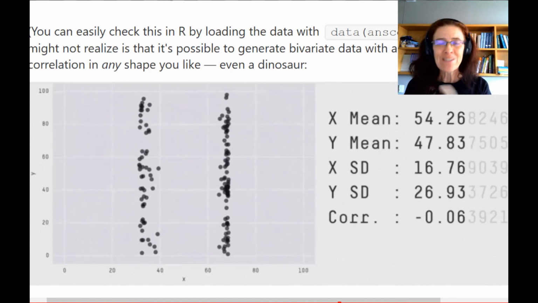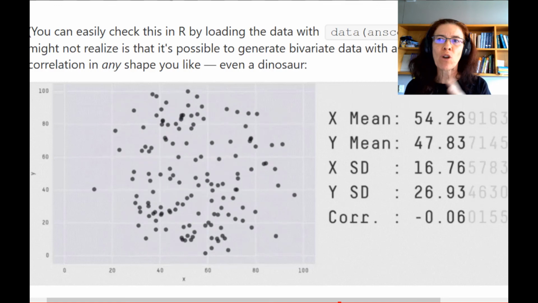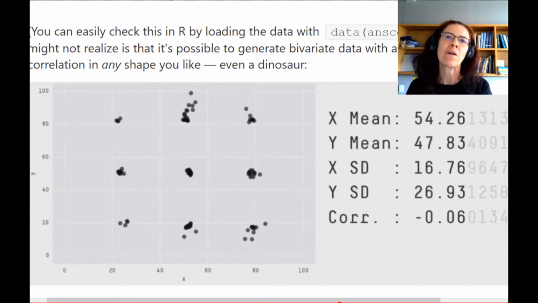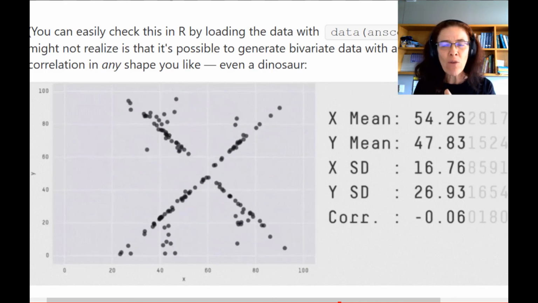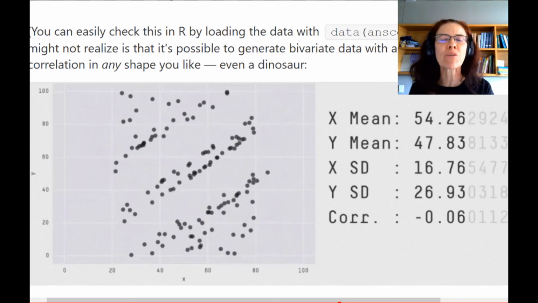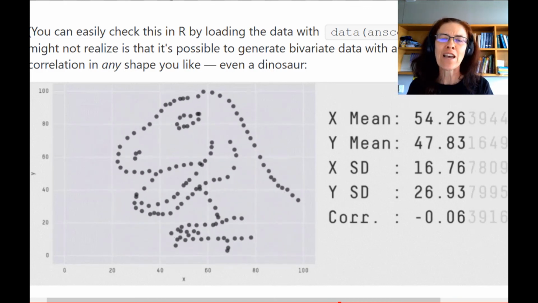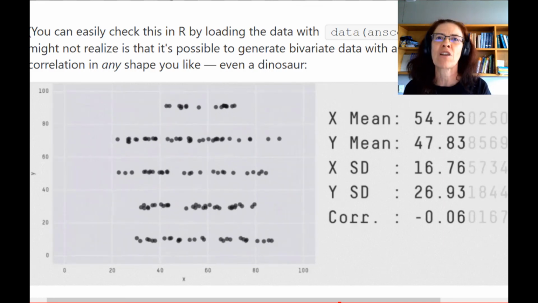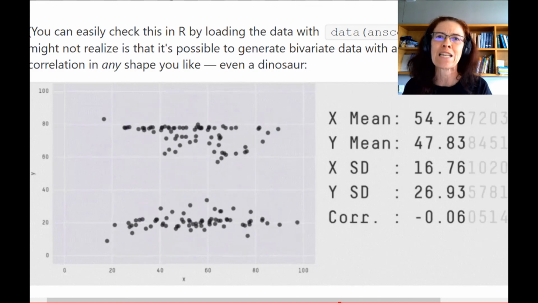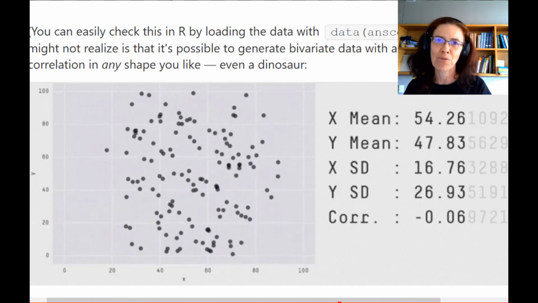These numbers are almost exactly the same for all these scatter plots. The common digits have been written in black. But look at the gray ones. There are small variations, but extremely small. So after that, you should be totally convinced that just looking at the numbers is not enough. You can have very different looking scatter plots with the same numerical summaries.